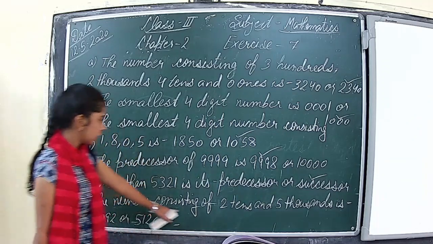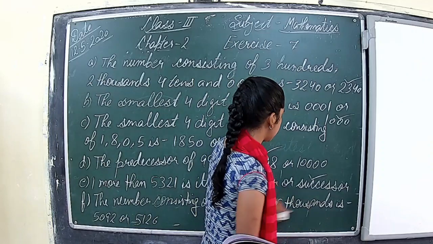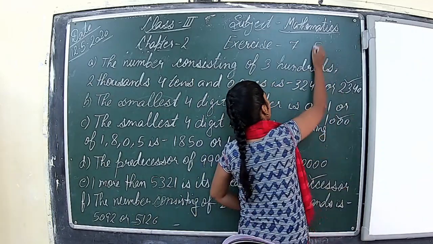So for the number consisting of 2 tens and 5,000, at the 1,000 place, which digit should be there? 5.